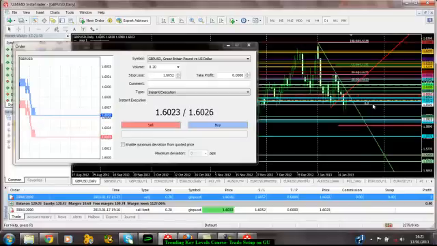This yearly pivot point, which is a key level, is still proving to be a tough and strong level. While price, even this morning, has tried it again and didn't succeed.